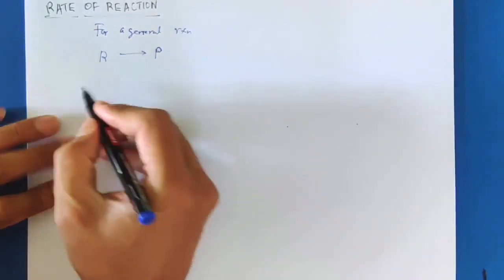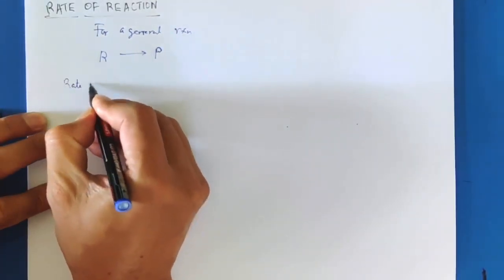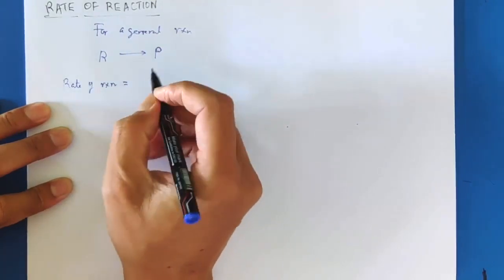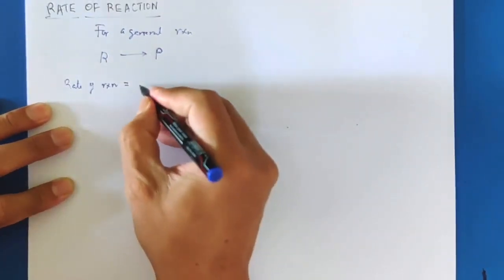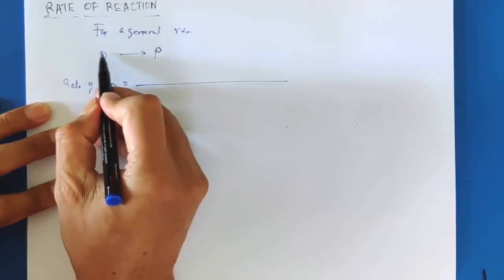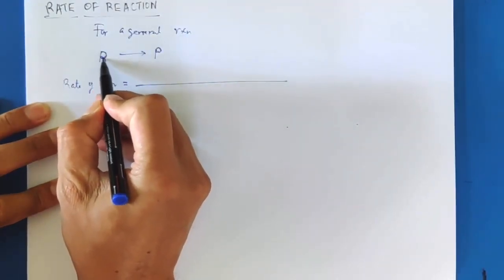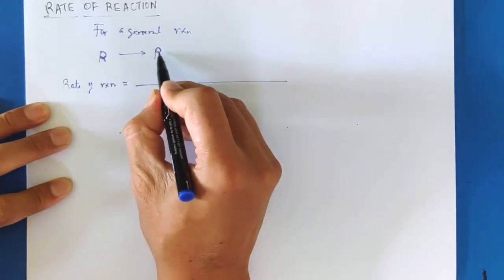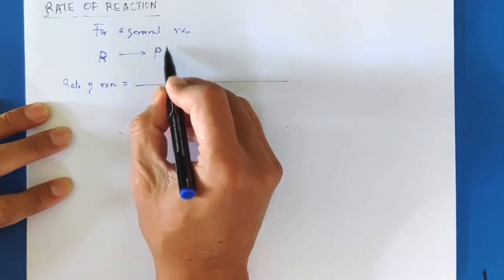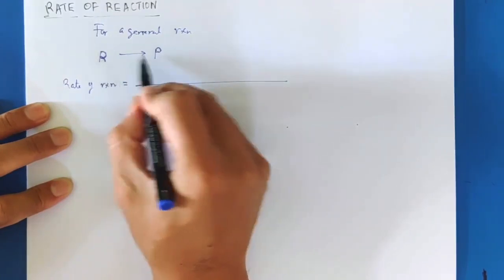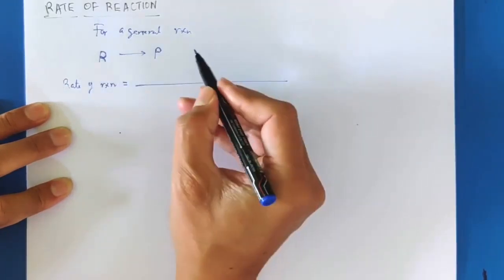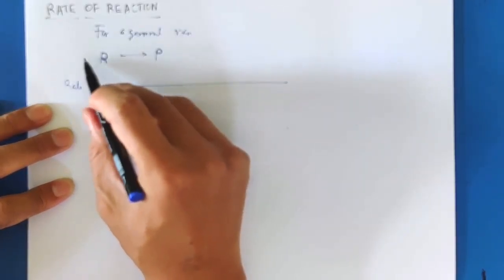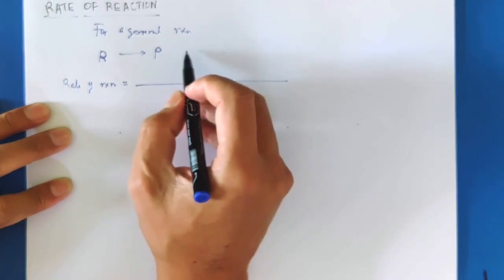So what is the rate of reaction? The concentration of reactants decreases, but the concentration of product increases. Reactant concentration, product concentration.